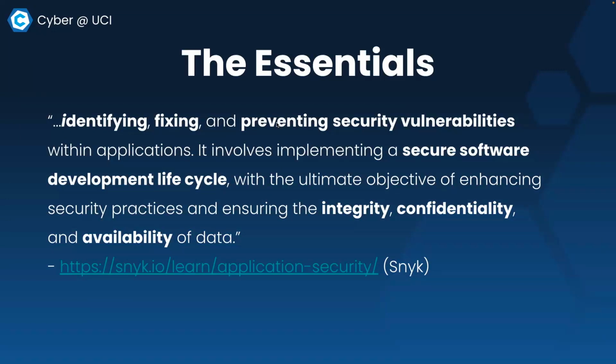The other main part is that you are putting processes and frameworks in place for your own software or even your entire organization so that you can have a secure software development lifecycle. And the bullet points of integrity, confidentiality, and availability are some of the common pillars of what it means to be secure.